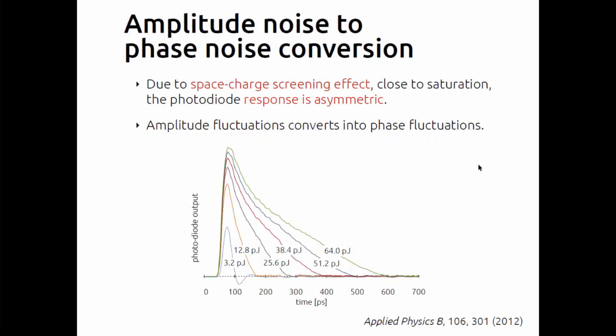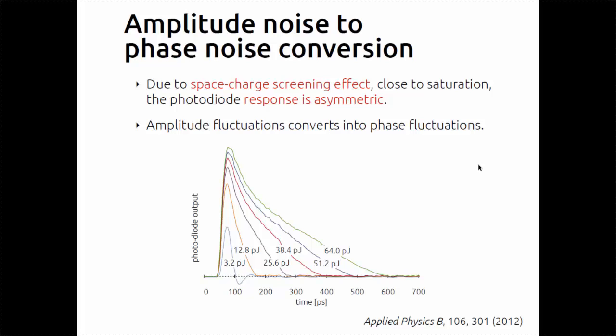The main noise contribution we need to fight in the generation of microwave from an optical signal is the conversion of amplitude noise into phase noise in the photodetection process. Because of saturation, mostly due to space charge screening effects in the photodiode, the response of the photodiode is highly asymmetric at increased optical powers.